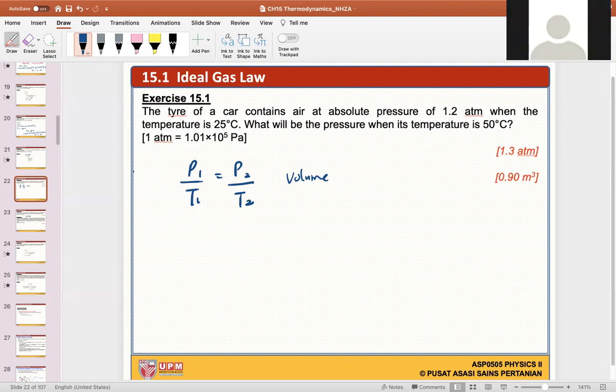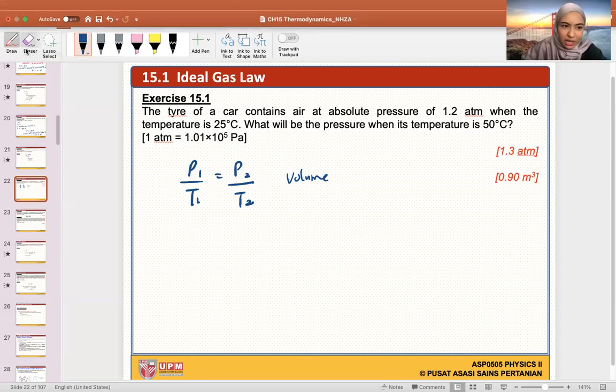Okay, can anyone help Nurhan on why the volume is constant here? Nurhan, your answer is also correct. But why is the volume constant in this question? Because it's not mentioned. Okay, that works too.